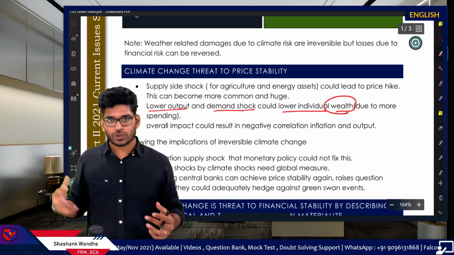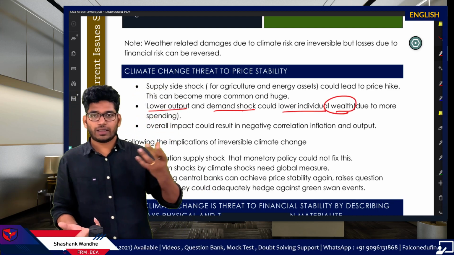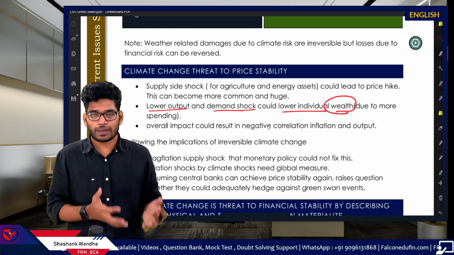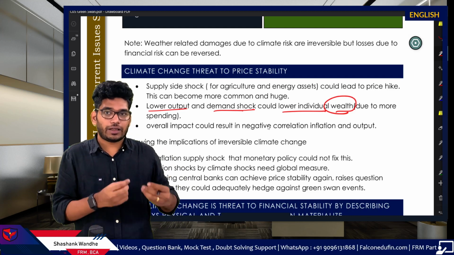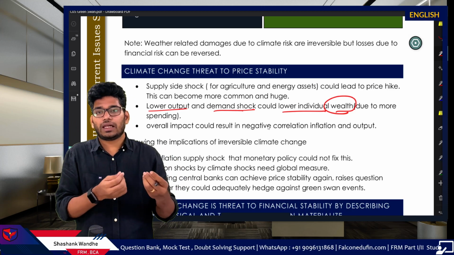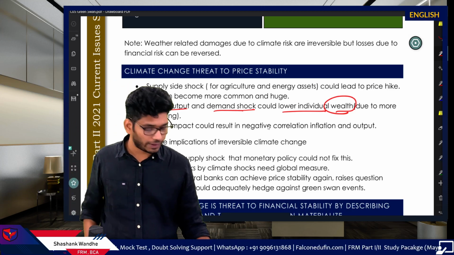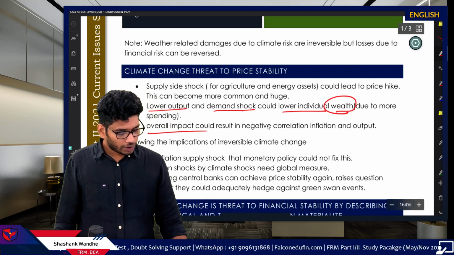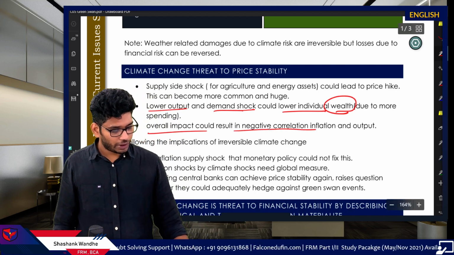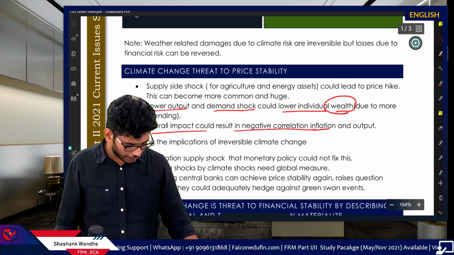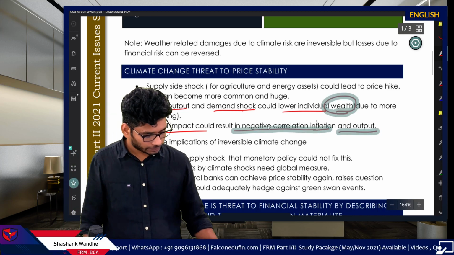What will happen here? If you have lower output and increased demand, prices will increase, there will be huge inflation, and individuals will use their wealth to buy goods, resulting in lower individual wealth due to more spending. The overall impact could result in a negative correlation between inflation and output.